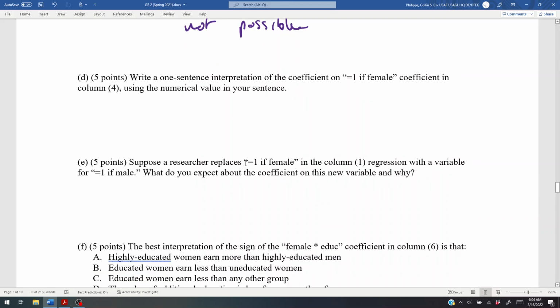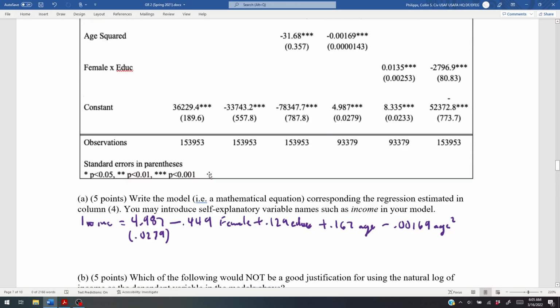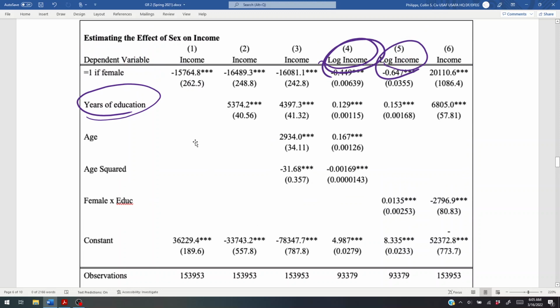Suppose a researcher replaces equals 1 if female in the column with a variable equals 1 if male. What do you expect about the coefficient on this new variable and why? Well, equals 1 if female, column 1. On average, and holding everything else constant, females earn 15,764.8 less than men, which means on average, and holding everything else constant, men earn 15,764.8 more than females.